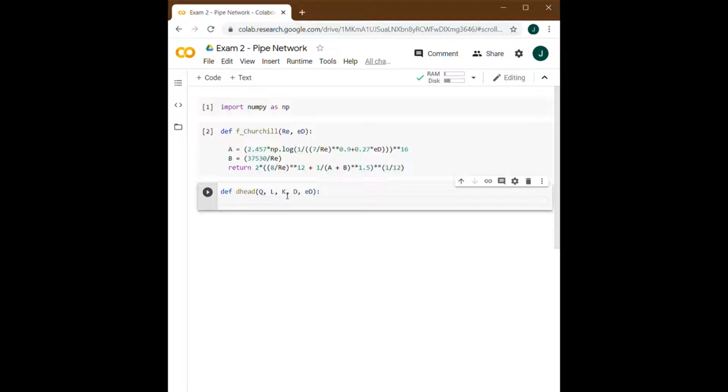So to calculate our delta head, we need a few things.